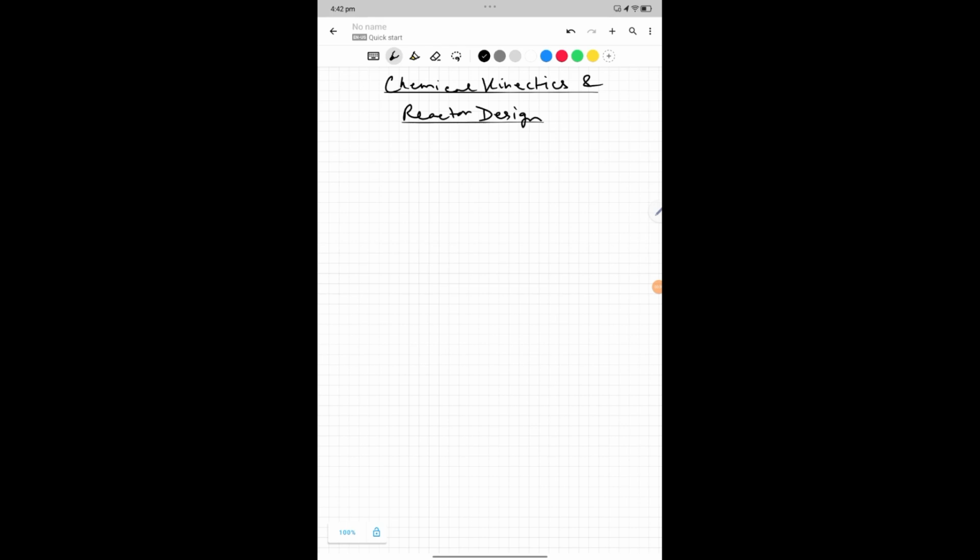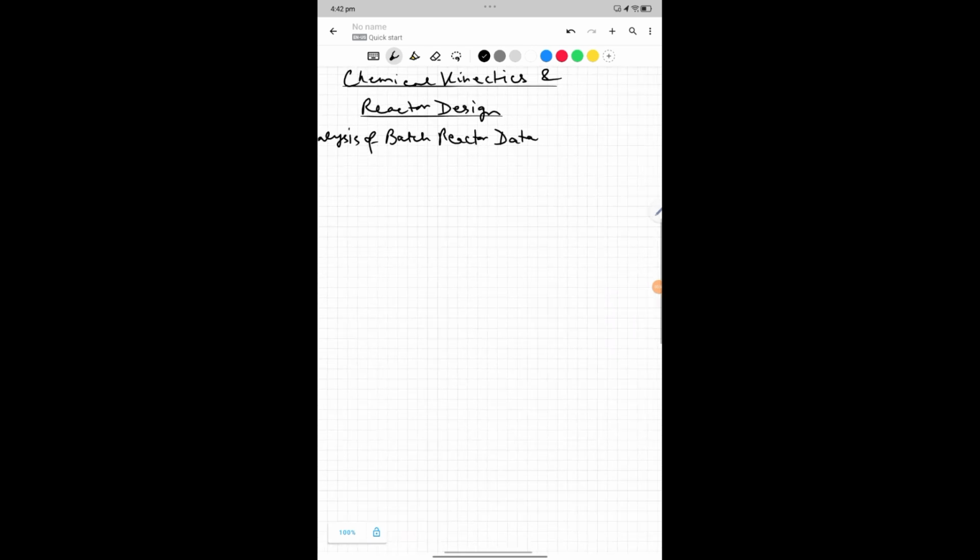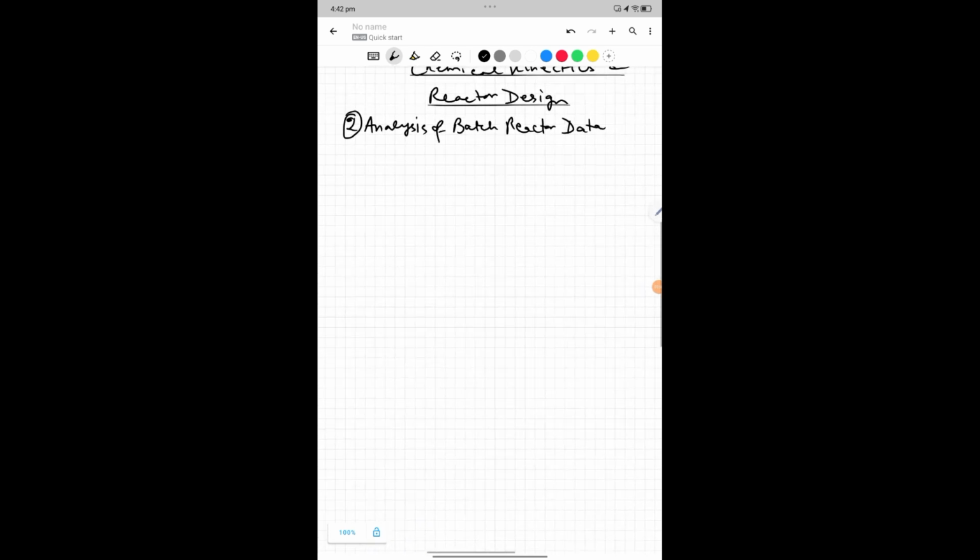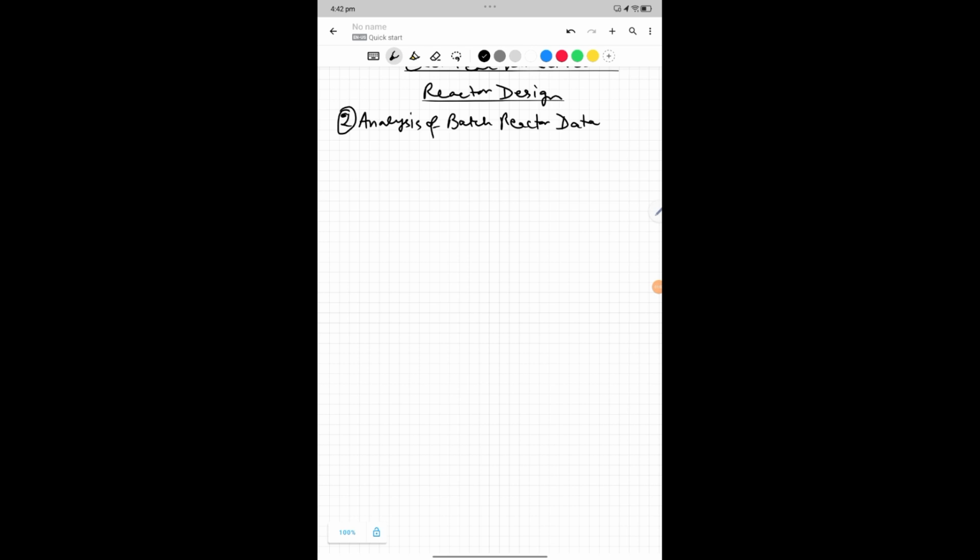So the next topic that we have in this chapter, the second topic, is analysis of batch reactor data. For that we have two methods.